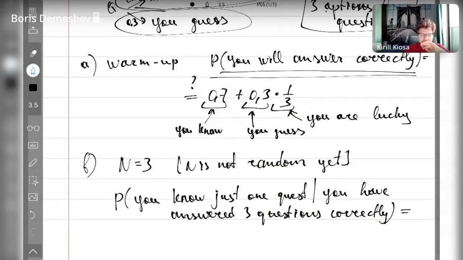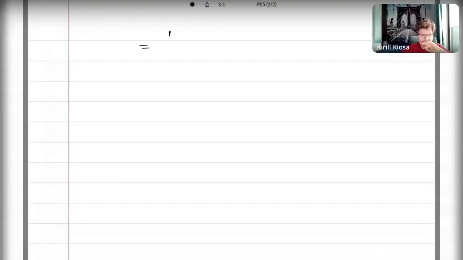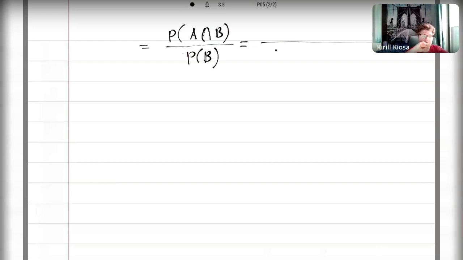And here we should obviously use the formula P(A∩B) divided by P(B). So in the numerator, that's the probability that we answer 3 questions correctly and I know only one question.